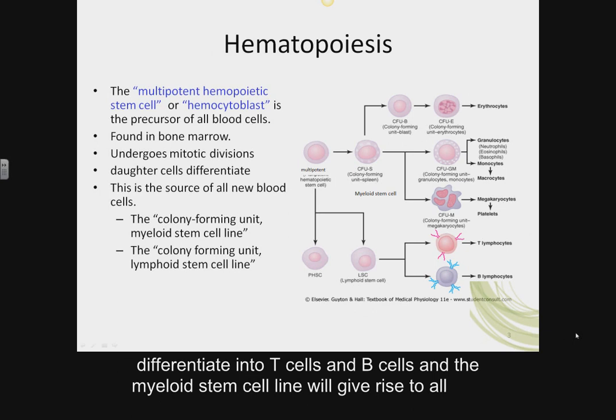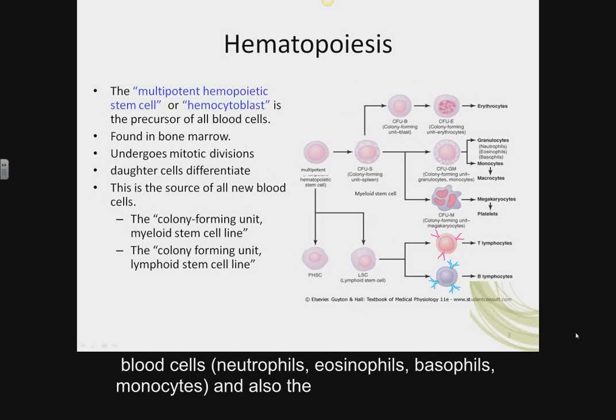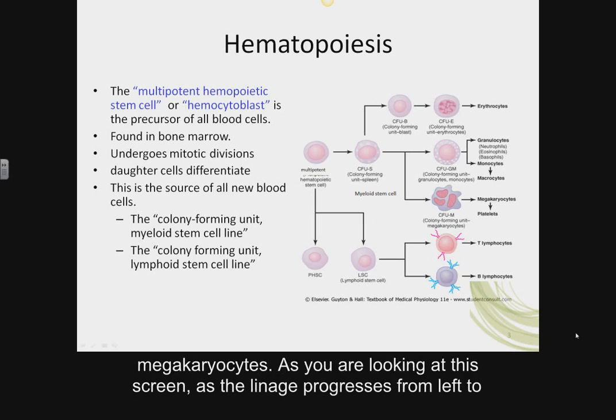And the lymphoid lineage will differentiate into T cells and B cells. And the myeloid stem cell line will give rise to all the other types of formed elements. The red blood cells, the nonspecific immunity white blood cells like neutrophils, eosinophils, basophils, monocytes, and also the megakaryocytes.